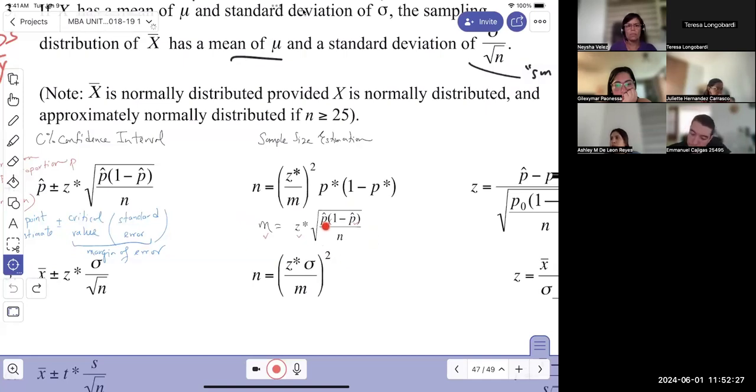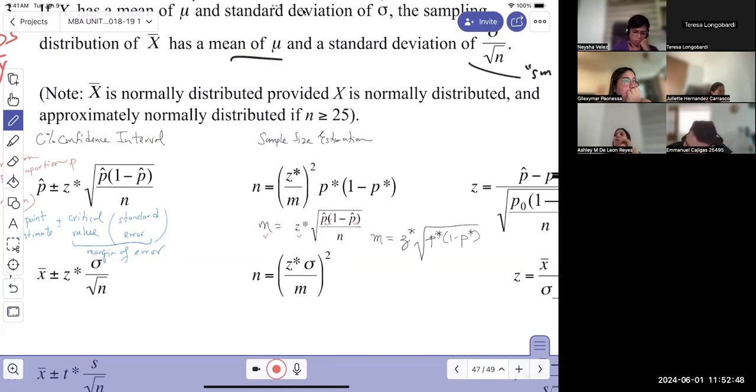I'm going to change p hat to just be p star because I might not have a sample result. Okay, so I'm going to call that p star. So I'm going to do that right here. So this is going to be m equals z star. And I'm going to call this p star, like whatever p I have, I'm going to put it there over n. And then so algebraically, I have to do this. And then that leaves me with this.